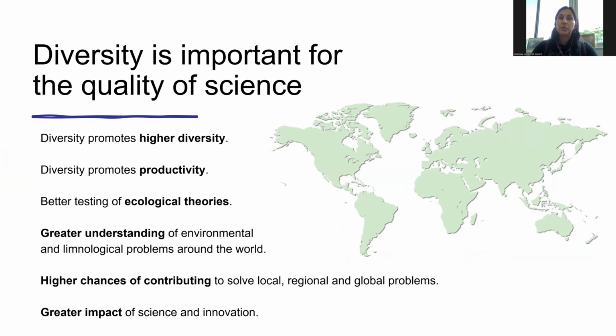Diversity also promotes productivity. And a series of other consequences of having a diverse community producing science is that we have better chances of testing ecological theories and also of producing different theories, of asking different questions. And that implies a greater understanding of the environmental and limnological problems around the world.